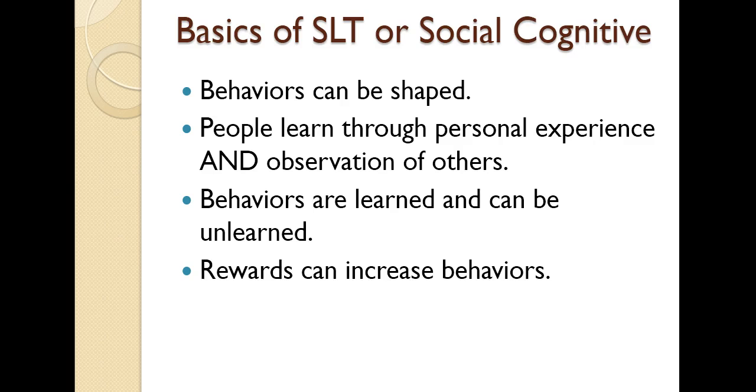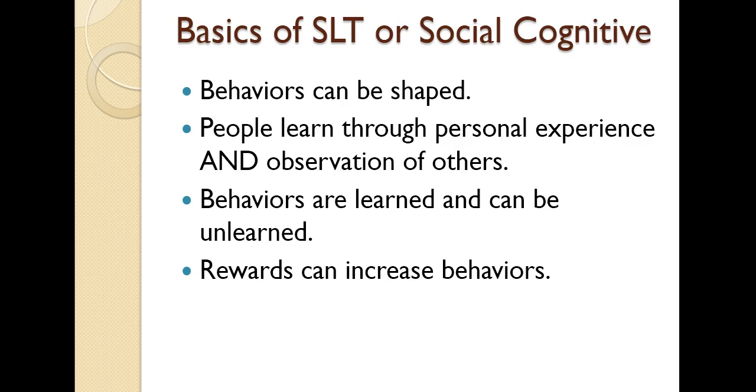So you can learn through your personal experience, but you can also learn by observing what happens with other people. The next item: behaviors are learned and can be unlearned. Any unhealthy behavior that's learned can be unlearned. And that means you can teach people healthy behaviors in their place.